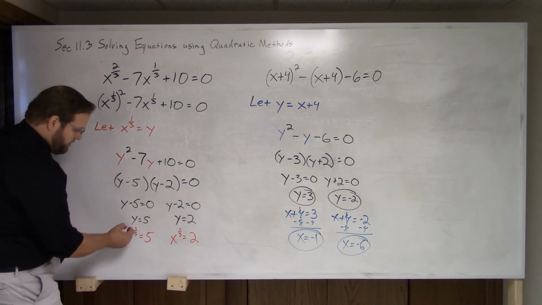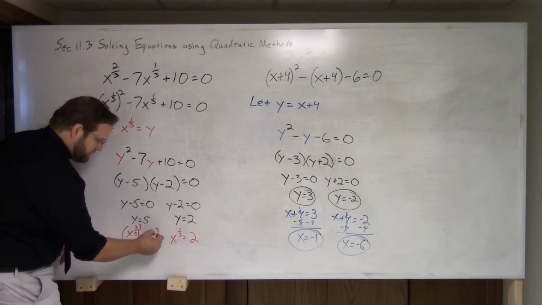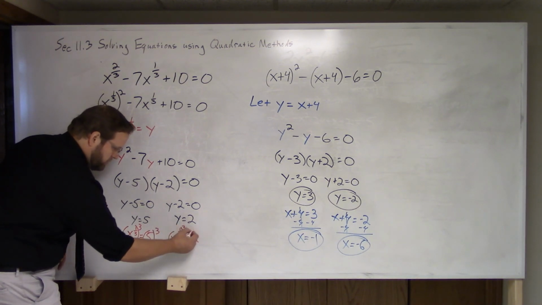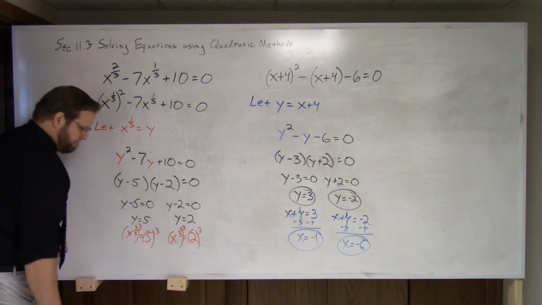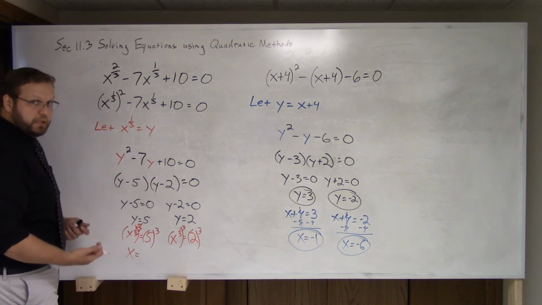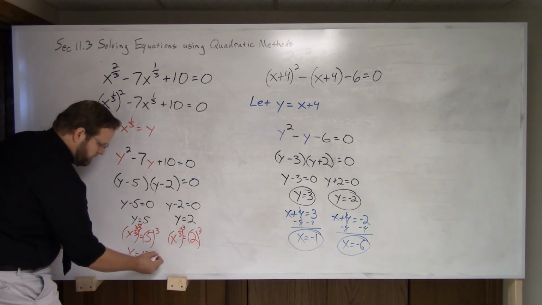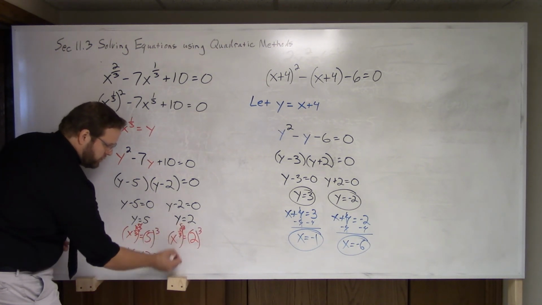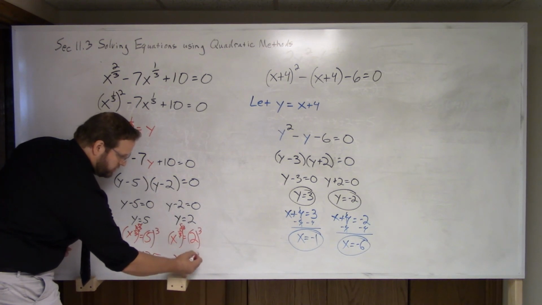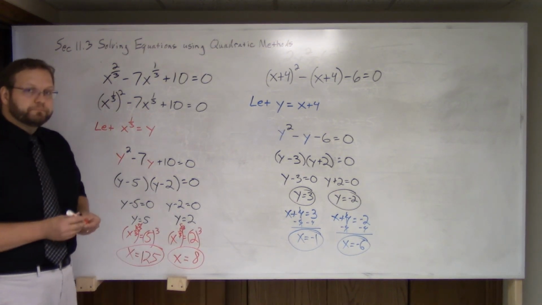To take that 1/3 out, just like a cube root, I would cube both sides. Same thing here. Cube, cube. That cancels all that to get x, which is what we originally were looking for. 5 cubed is 125. That goes away to an x, and then 2 cubed is 8. And we have that. Okay?